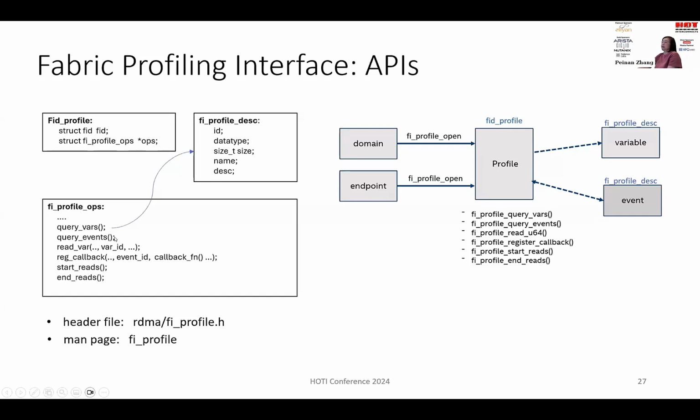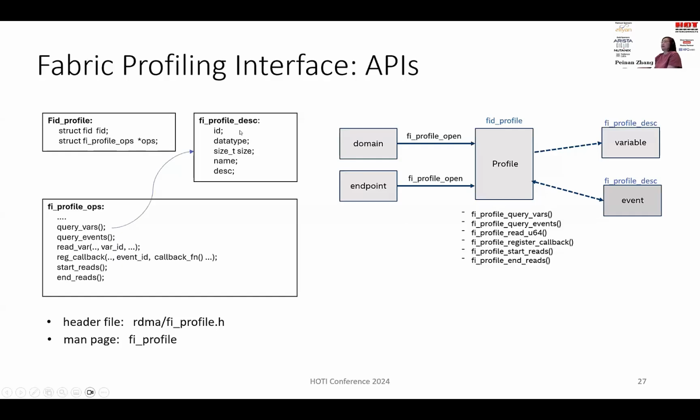Each variable and event is described by the FI profile description type, including a unique ID, data type and data size, name, and description. So each event and variable will be referred to by this ID.